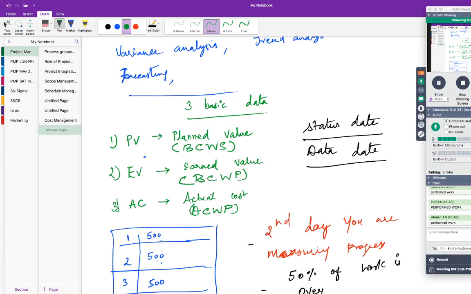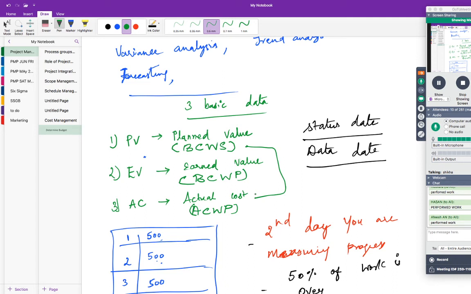So when I asked you the cost variance, initially what did you do? You compared these two, right? So you compared the cost of the scheduled work and the cost of the performed work, which is wrong, because you have to compare the budget for the performed work and the actual cost for the performed work. Only these two you have to compare.